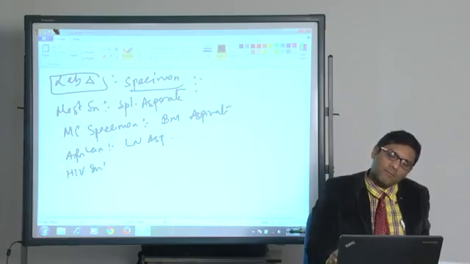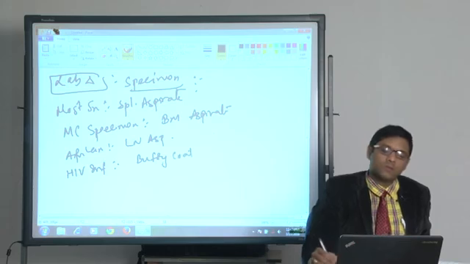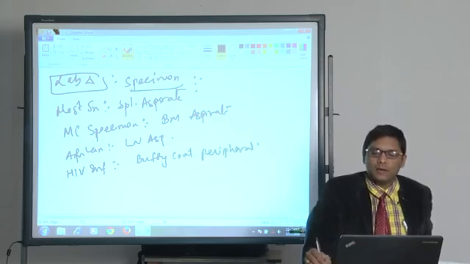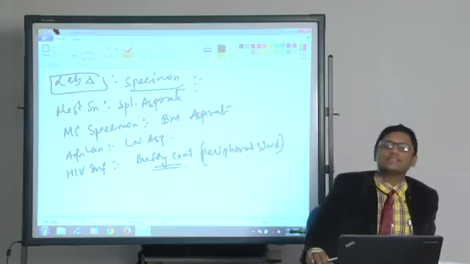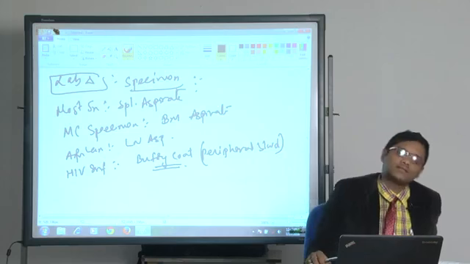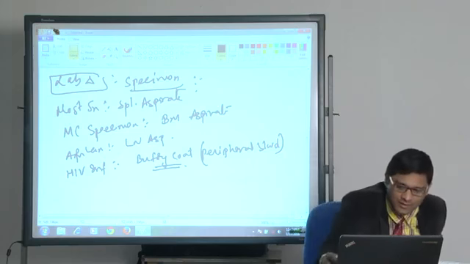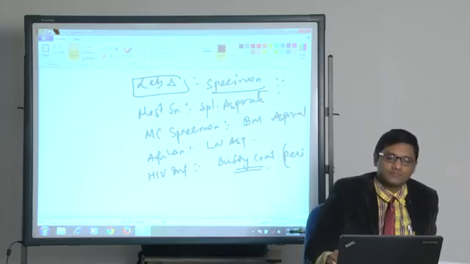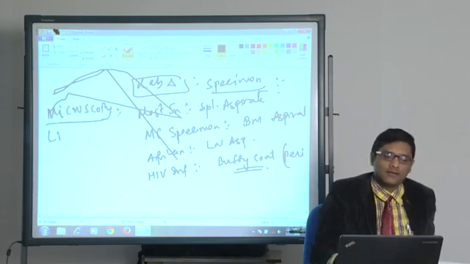Specimen in HIV infected people: peripheral blood is the specimen of choice, but you have to centrifuge it and the buffy coat area is examined. When you do microscopy on all these specimens, what form will be seen?